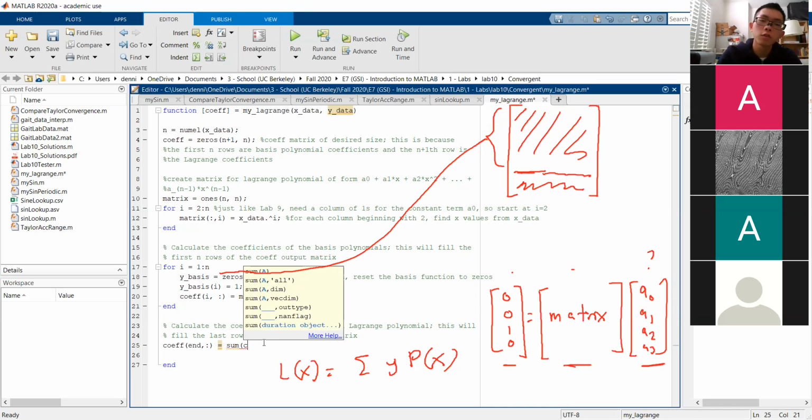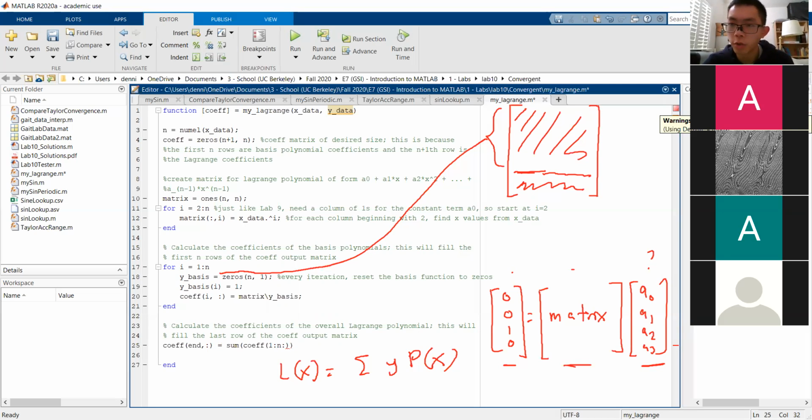Sum of coefficients. Let's see, 1 colon. Let's see, what's the number? It's n, right? Yeah, we know we're n. 1 colon n comma 1 colon. No, let's just do colon.